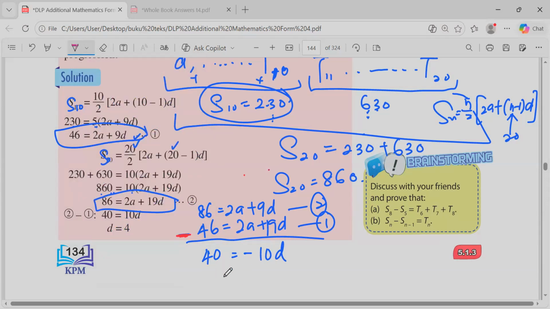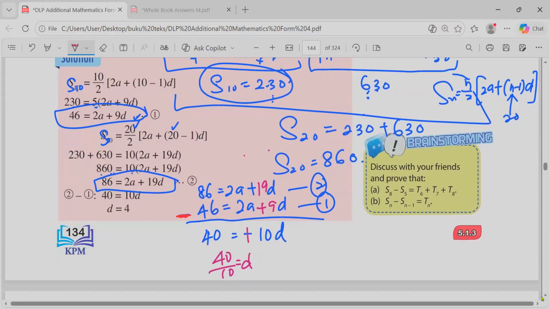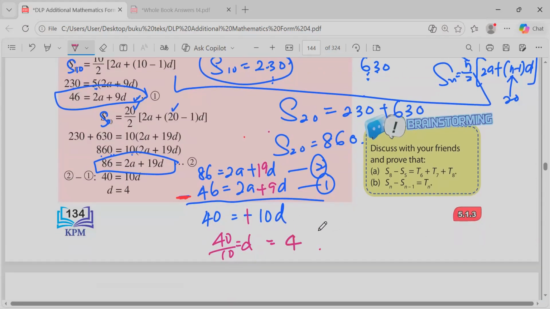After that, divide by 19 minus 9. Sorry, I copied wrong. This is 19, this is 9. So it's 19 minus 9, I get 10. So 40 divided by 10 equal to 4. D is equal to 4. I was copying wrongly just now. The second one minus the first one, I get D.